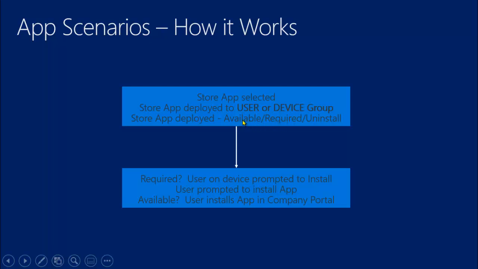So whenever a user's on the device, it would go through the company portal. You'll see that in a minute, right? But then finally, the app gets down to the device. If it's required, the user on the device is prompted to install the app. If it's available, it just goes through the company portal, right?